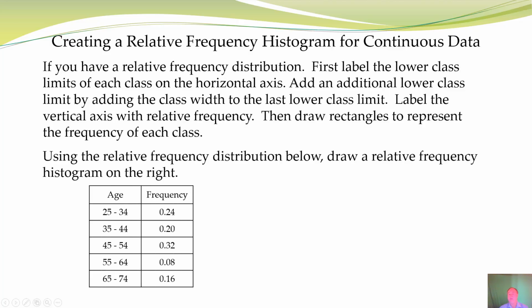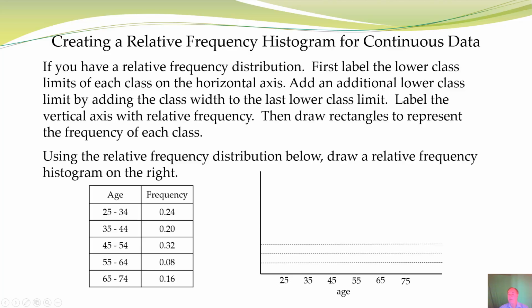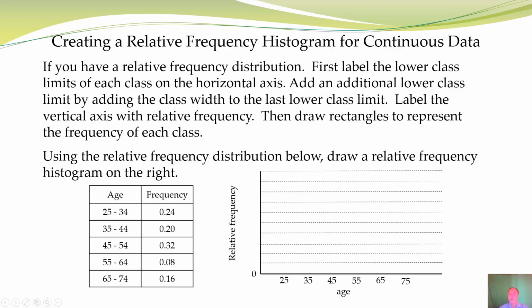So here was our relative frequency distribution. So if I draw the graph, I still put the lower class limits along the horizontal, but this time my vertical scale is relative frequency. So I'm going to use 0, 0.08, 0.16, 0.24, 0.32. So I just label it, and I chose to go by 0.08s.